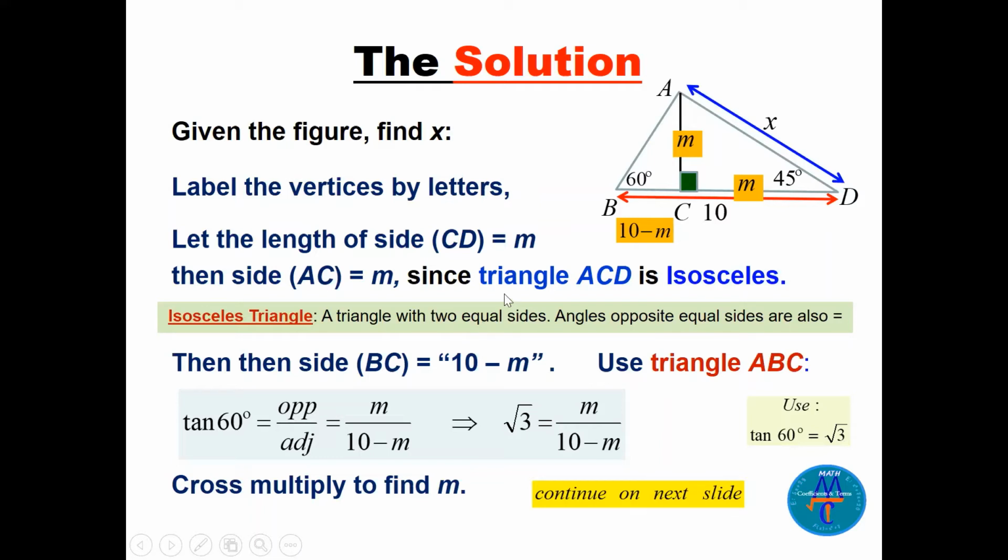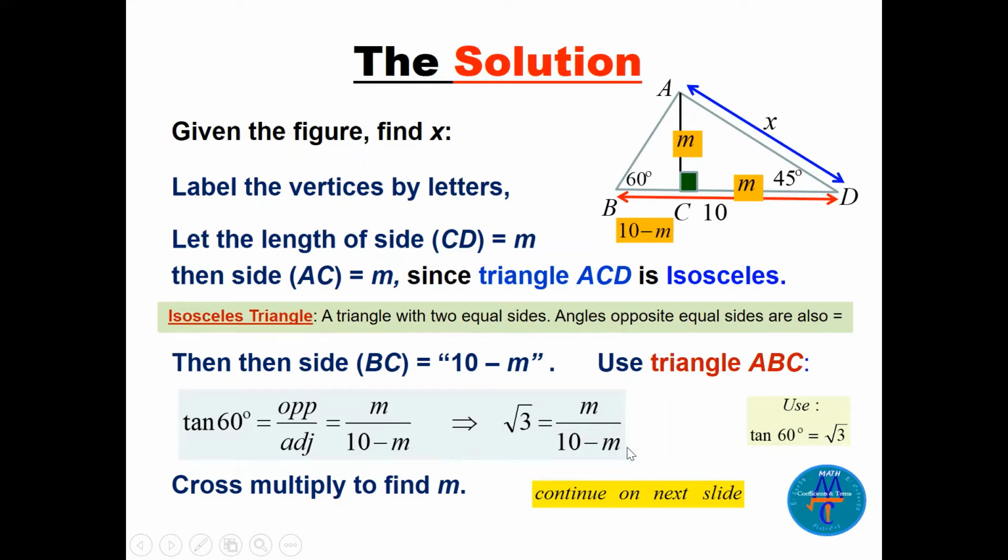Tan of 60 will be the opposite over the adjacent. The opposite is m divided by 10 minus m. We know tan 60 is square root of 3, so I can replace that one there, is equal to m divided by 10 minus m. Let's cross multiply here to find the value of m.